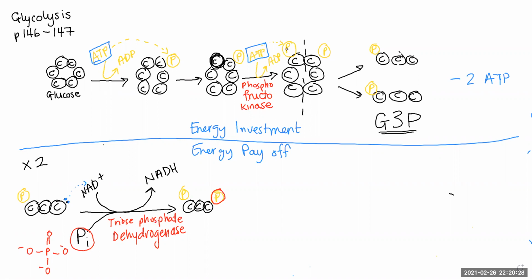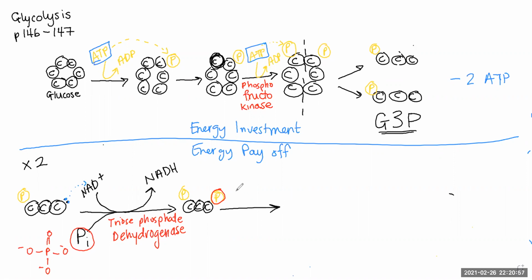Now, just like how when we started this reaction, there was a really nice pattern where we went from glucose, hydrolyzed an ATP, now we had a 6-carbon with a phosphate, hydrolyzed another ATP, we had a 6-carbon molecule with 2 phosphates. This part gets very, very repetitive. We now have a fully loaded, energetic 3-carbon sugar with 2 phosphates. So the very first thing that we're going to do is remove one of those phosphates.